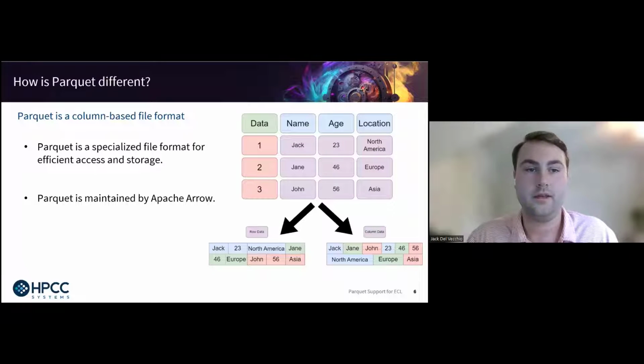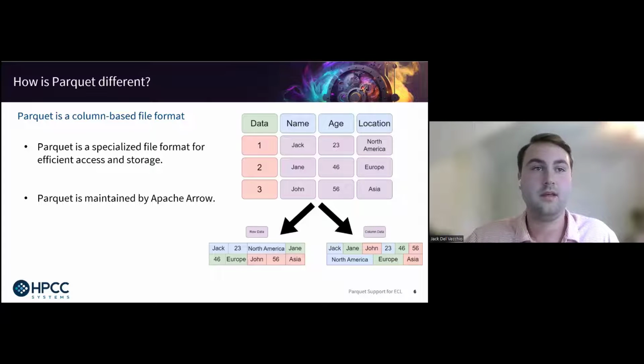So how is Parquet different? We just looked at varying levels of structured data, but all of those file formats were row-based, meaning they write your data to the computer row by row. The difference with Parquet, which is a heavily structured data format, is that it's column-based.